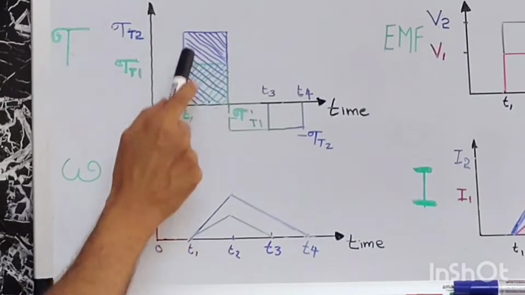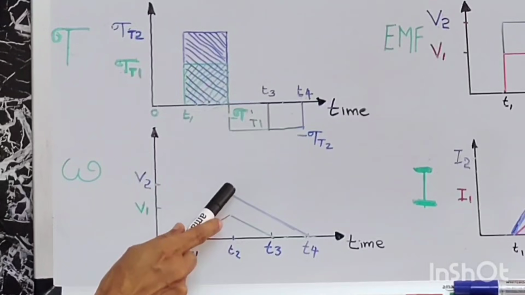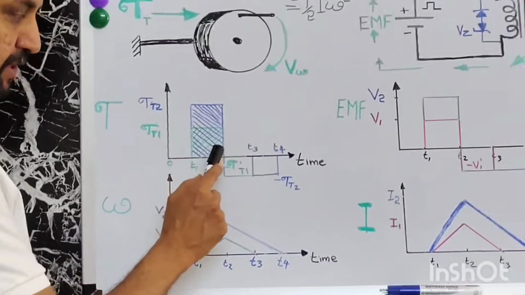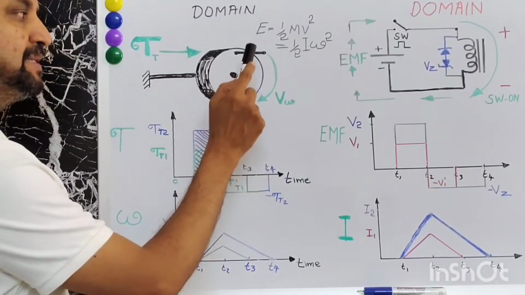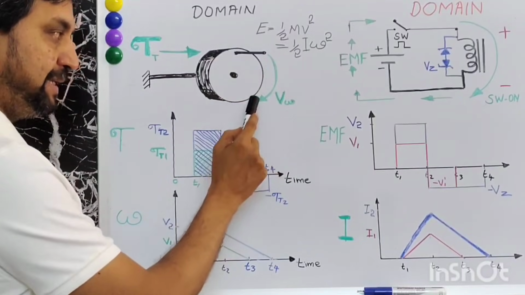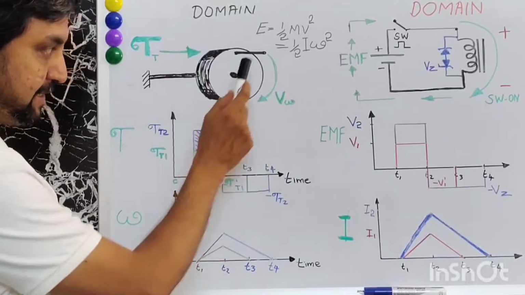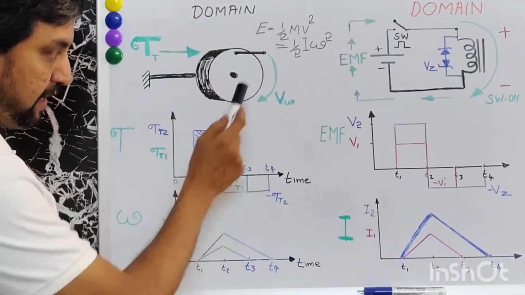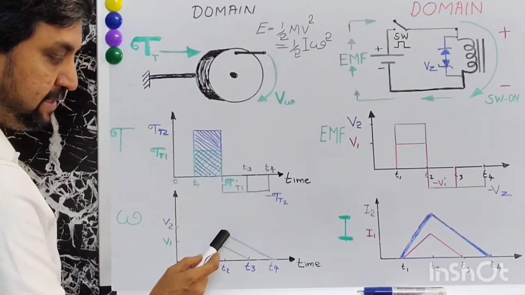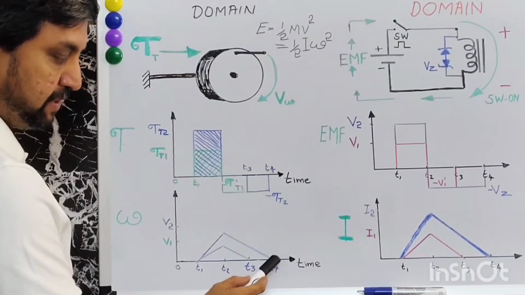Once you give a stimulus at this point t1, the angular velocity keeps increasing. And when you abruptly stop the stimulus, since the wheel has picked up certain angular velocity, it keeps rotating, tries to maintain its velocity, and slowly starts ramping down over a certain time interval.